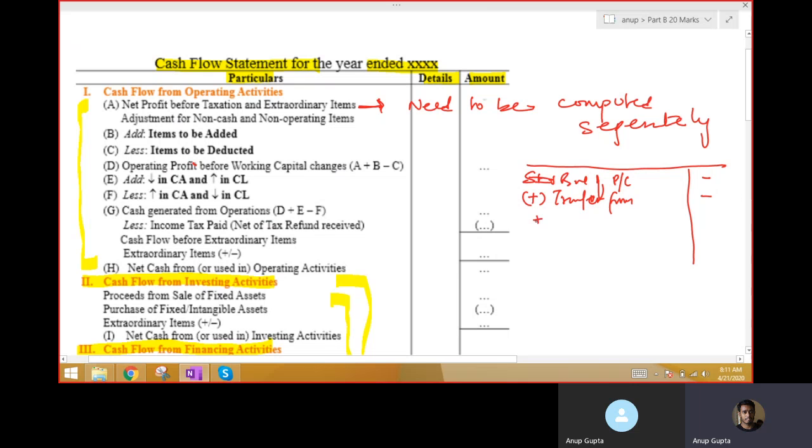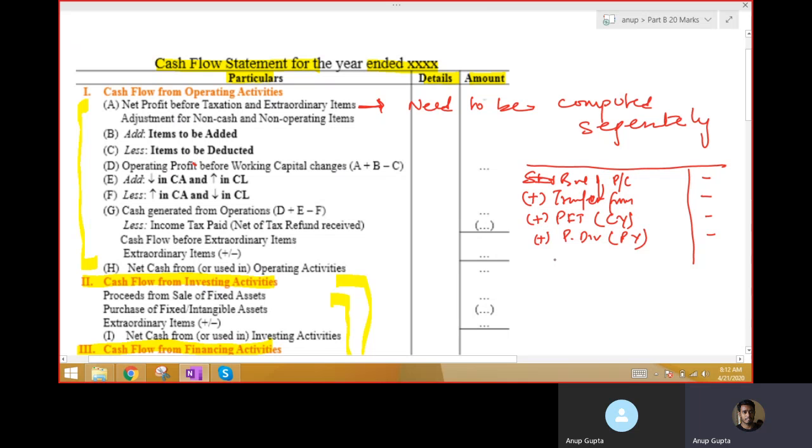Then if there is any provision for tax for the current year, that is made in the current year, it will be recorded here. And if there is any proposed dividend for the previous year, not for the current year but for the previous year, it will be recorded here.